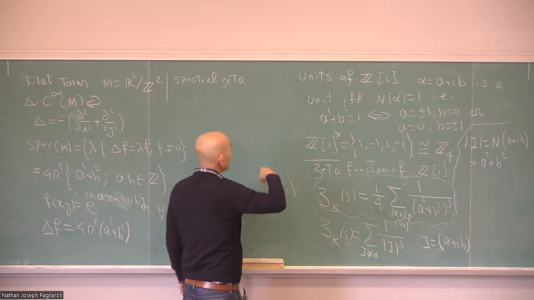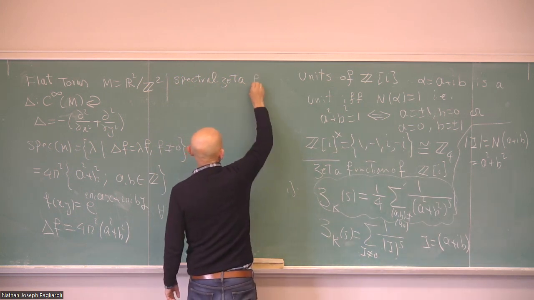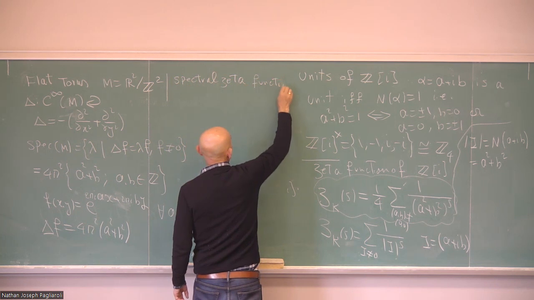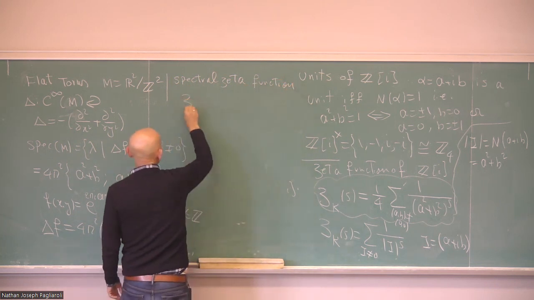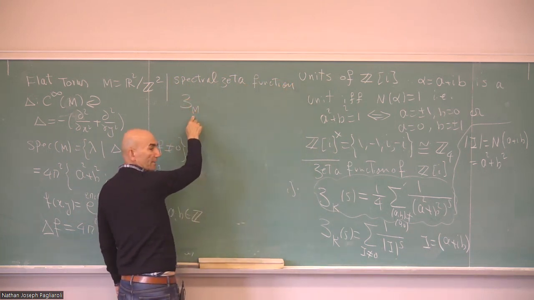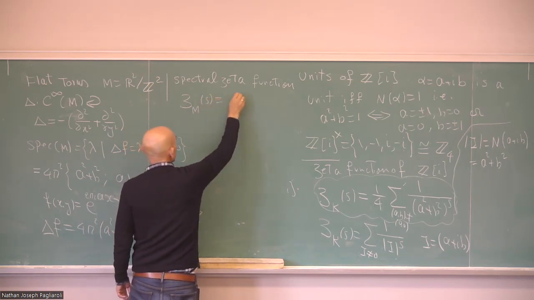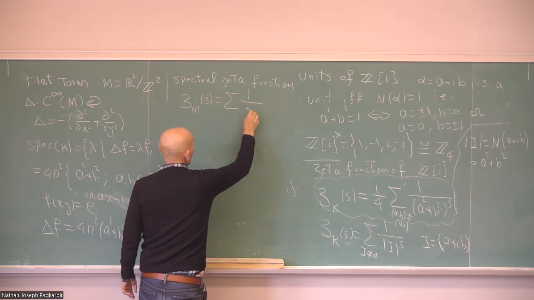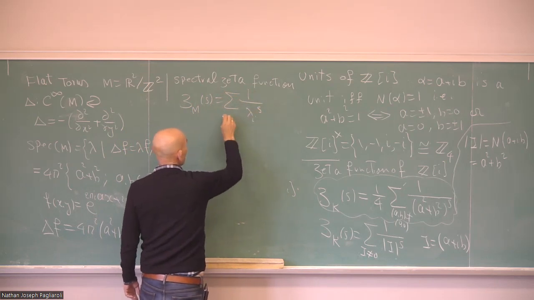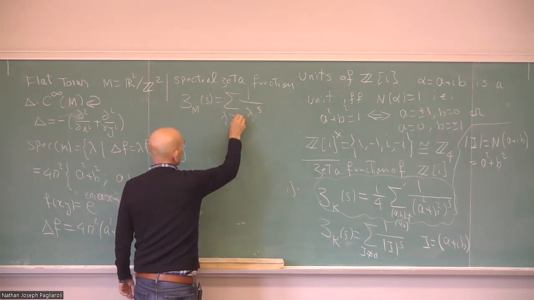The spectral zeta function, for any compact Riemannian manifold without boundary, is zeta(s) equal to the sum of 1 over lambda_i to the power s, over lambda_i positive.